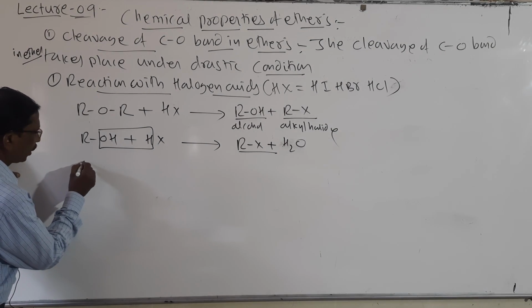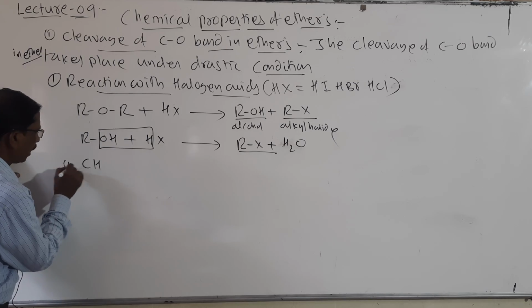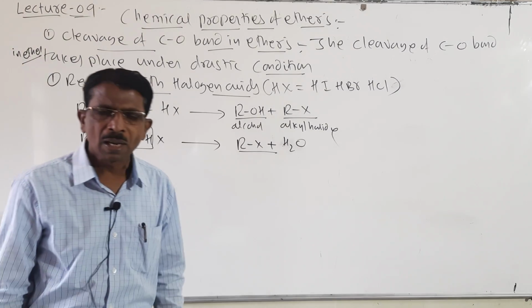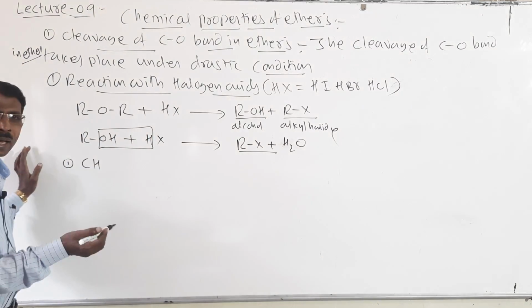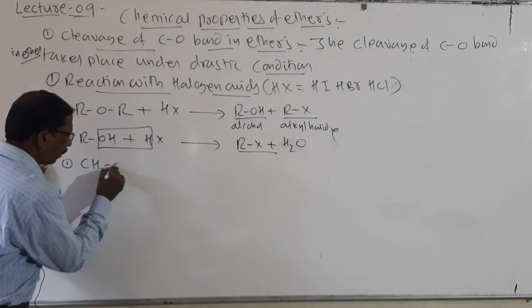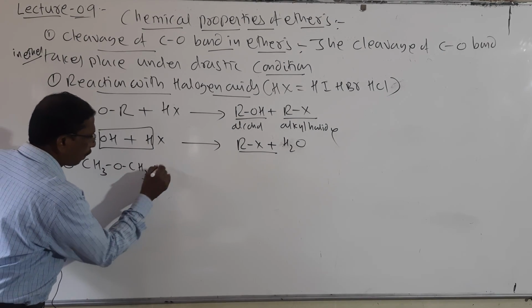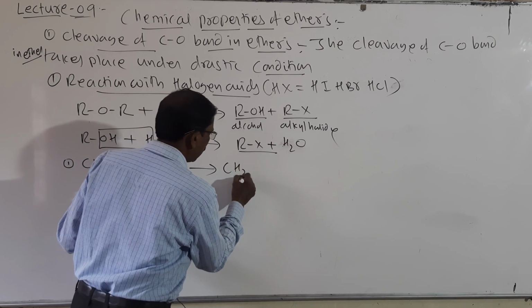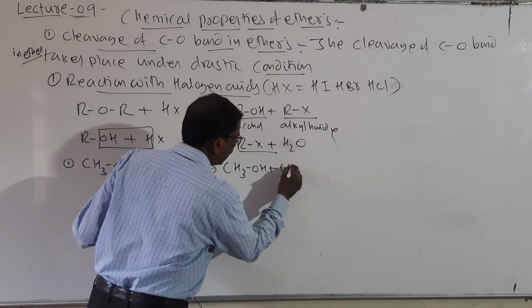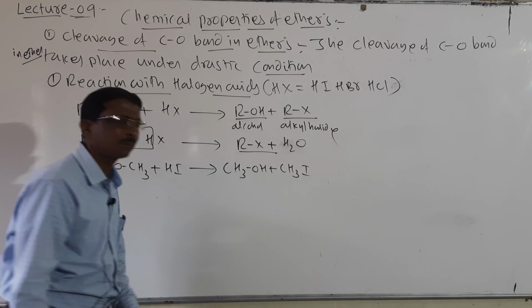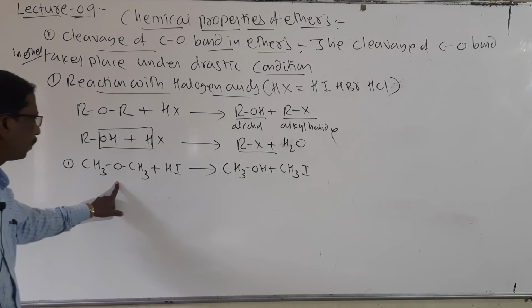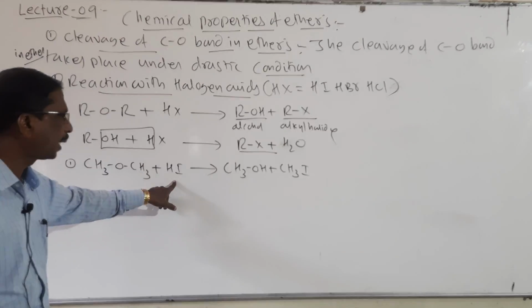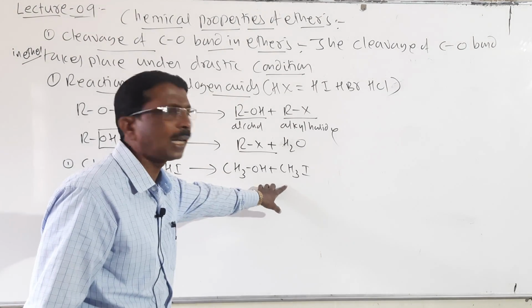I will take an example here. You may take dimethyl ether, or ethyl methyl ether, any example. CH3OCH3 plus HI gives CH3OH plus CH3I. When dimethyl ether is treated with hydrogen iodide, it forms methyl alcohol and methyl iodide.